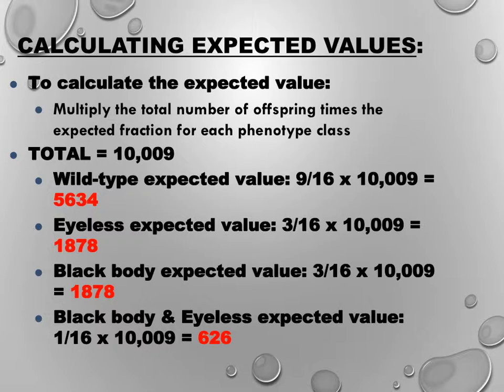Then your eyeless flies would be 1,878 flies. Your black body flies would be 1,878 flies. And your black body and eyeless flies would be 626 flies. So these four numbers would represent your expected values. This is what you would have thought your results would have looked like, assuming that there was no difference, no discrepancy.